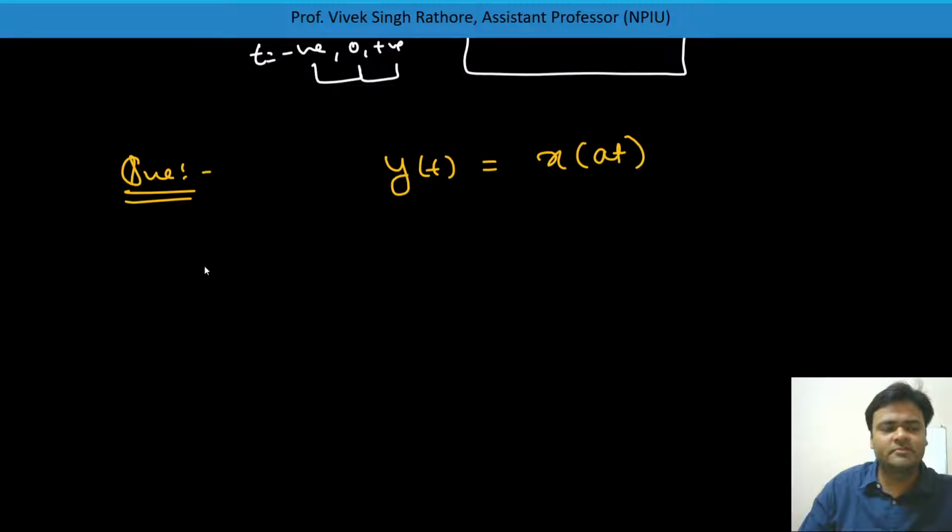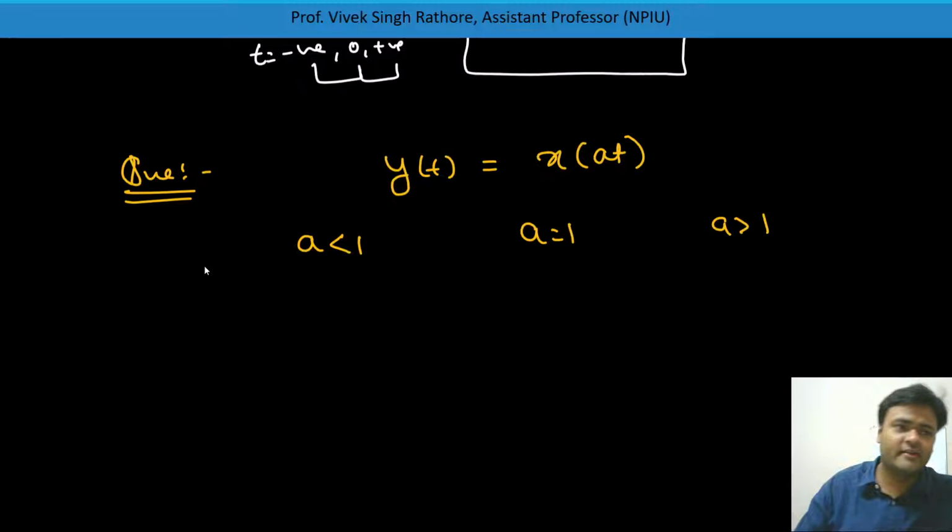Before checking t, we first need to see what a actually is, because we need to check whether the value of a affects the causal and non-causal nature of the system. So let's take one case a less than 1, one case a equal to 1, and one case a greater than 1.